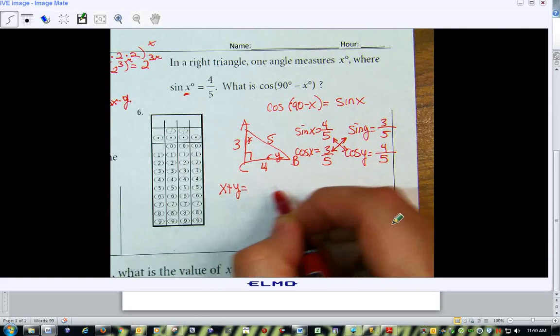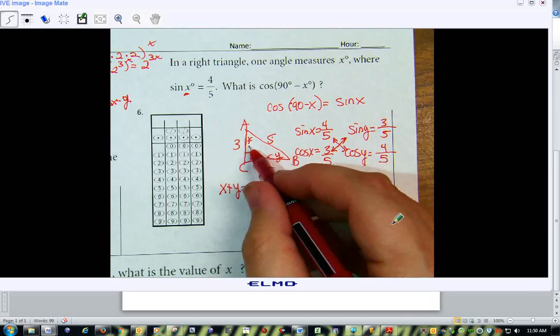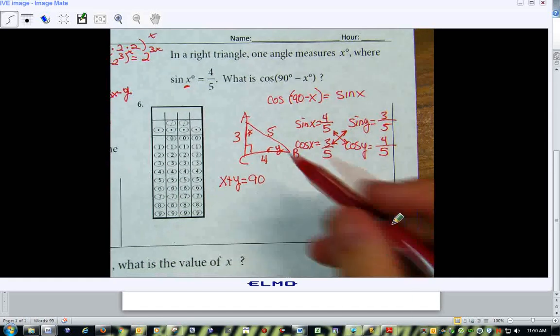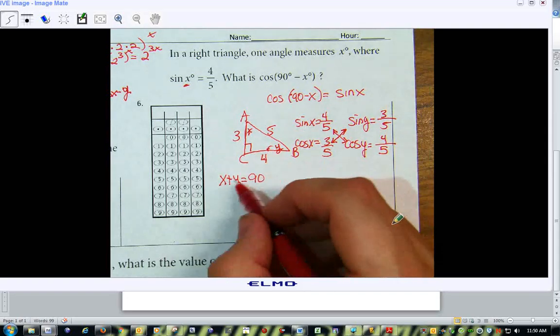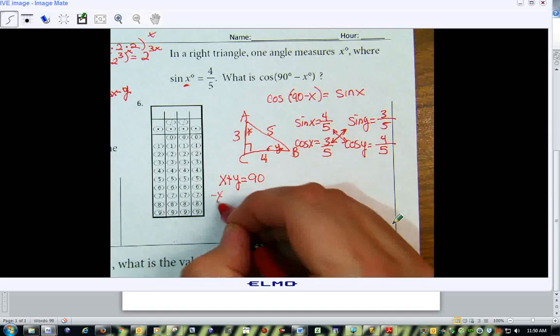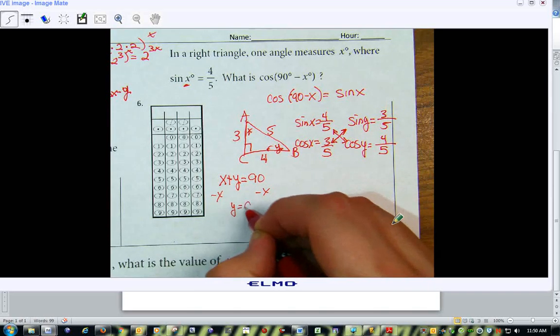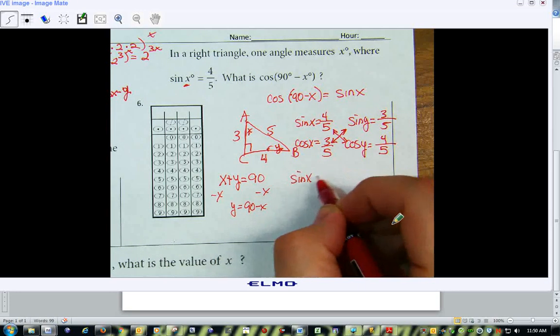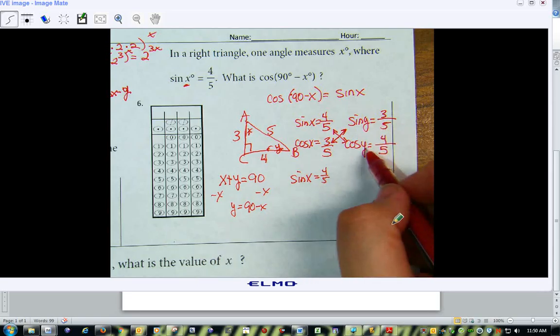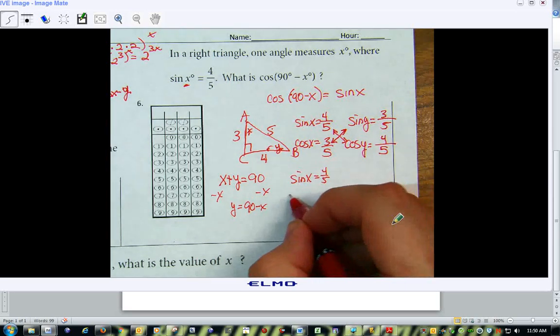So if I wanted to figure out what y was, subtract an x, y is equal to 90 minus x. So if I know the sine of x is equal to 4/5, and I know the cosine of y is equal to 4/5, I'm going to change y into 90 minus x, so the cosine of 90 minus x is equal to 4/5.